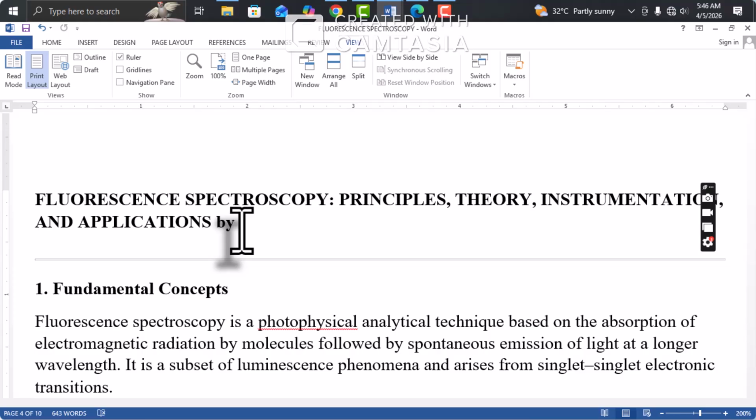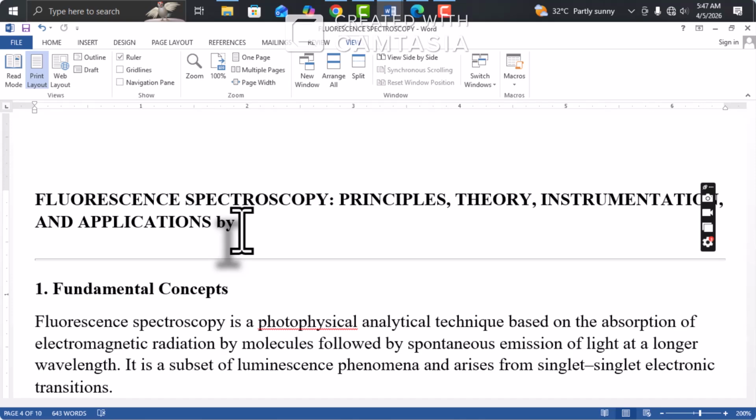Now, when you want to determine the extent of fluorescence of a material, how are you going to analyze it? That brings us to fluorescence spectroscopy. For fluorescence spectroscopy, you are analyzing the intensity of the fluorescence of a material.